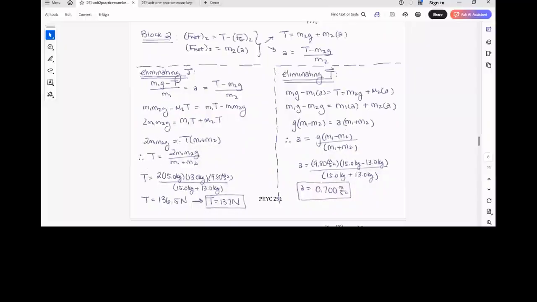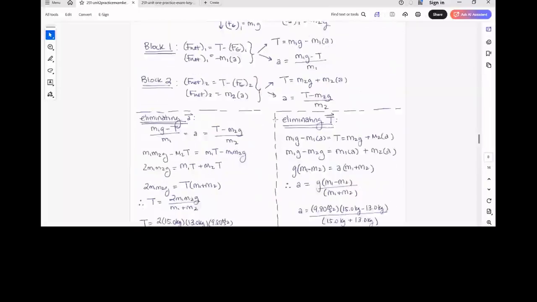And I find that the tension is going to be 2 times the product of the masses times free fall acceleration divided by the sum of the masses. And when I plug those values in, I get a tension of 137 newtons. So this tension has to be more than enough to support one block, but not enough to support the other block.